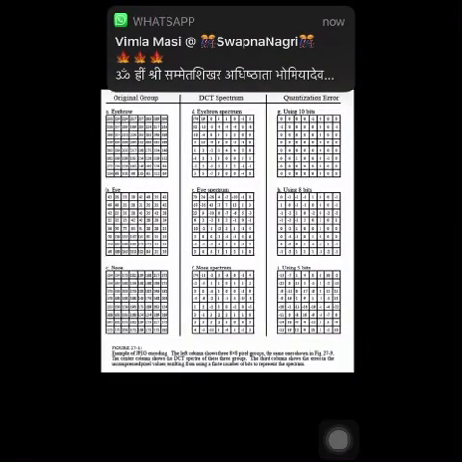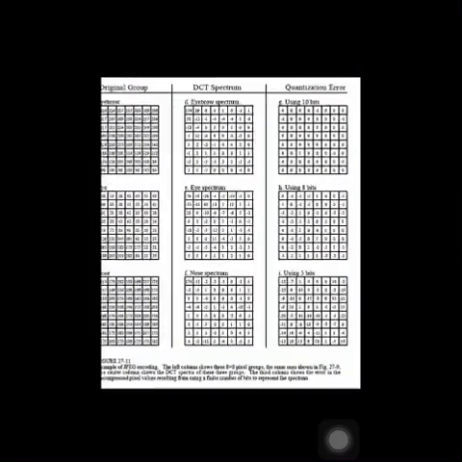As you can see here, for high compression, for the high frequency region, the quantization coefficient is 256. The output of the DCT is to be divided by 256 and then rounded off to the nearest integer. So these are the quantization tables.